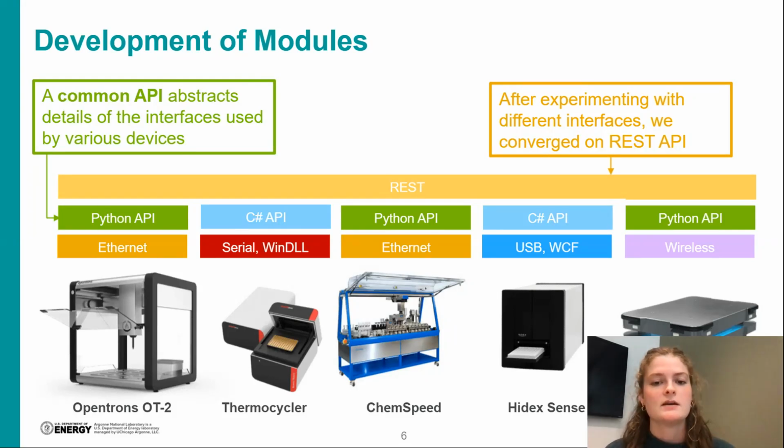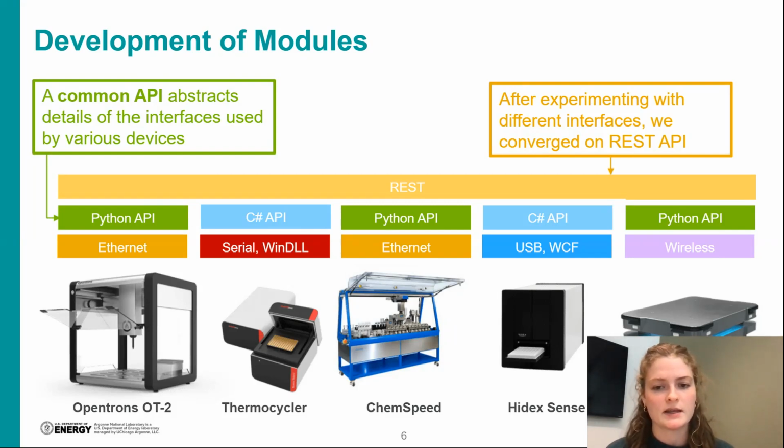So some instruments are made to be robotic compatible, so they'll have a door on them that opens automatically and allows for a robotic arm to enter, whereas others are meant to just help one bench scientist's life become a little easier, and they have a manual door that you have to open, and no coding API, that kind of thing. So how do we get all these pieces working together in a way where you can communicate to each of them in a standardized, uniform way?